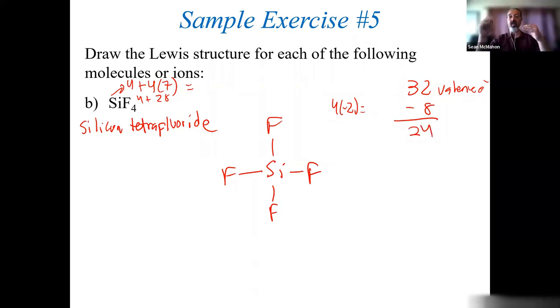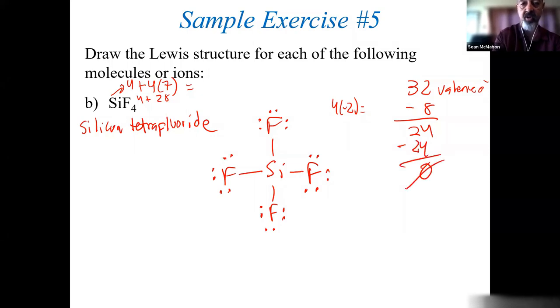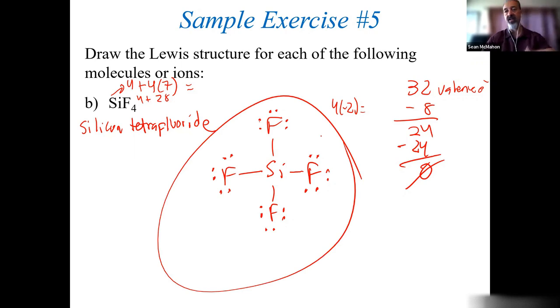Next rule, I have to satisfy the octets of the outer atoms. So for fluorine, I need to add 3 lone pairs to each of them so that they have an octet. So when I do that, 2, 4, 6, 8, 10, 12, 14, 16, 18, 20, 22, 24. I have no more electrons, but everything's an octet.